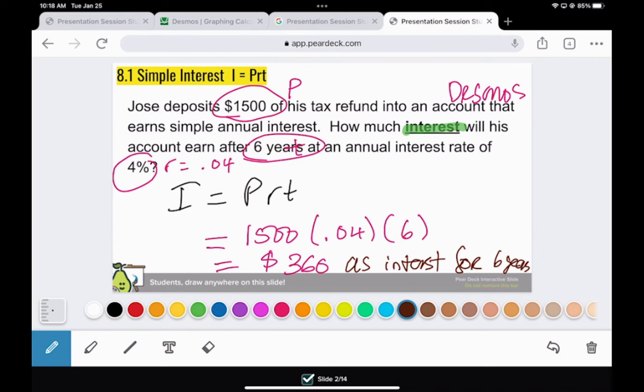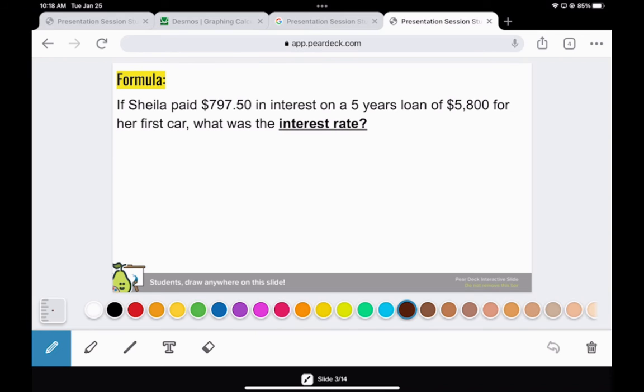Okay. All right, this is lesson 8.1. Here, if you look at the question, it will talk about interest rate. So the question was asking for interest rate. The question you're going to say to yourself is, okay, it's interest rate.